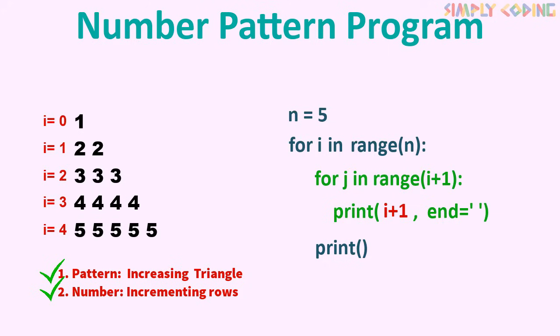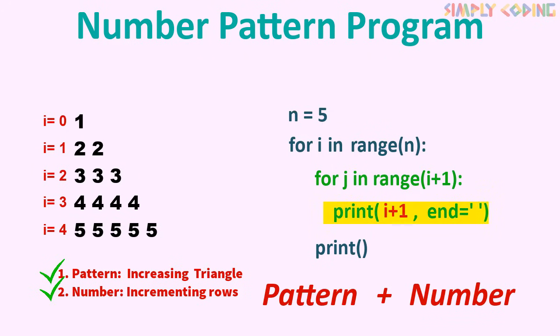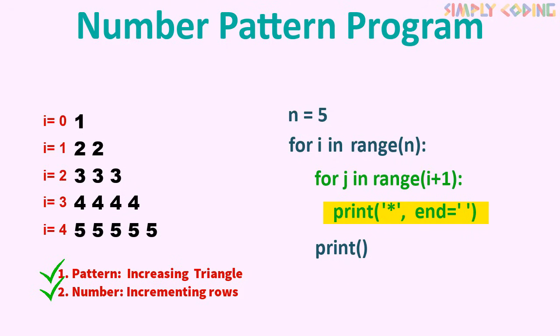However, if you are new to patterns, I would suggest not to mix indexes used for patterns with actual number printing. So we will not touch the range function for the i and j values which are creating our pattern. We will use another variable p. We will initialize p to the first row number of our pattern, which is 1, outside the outer loop.